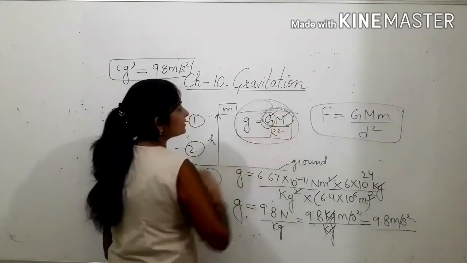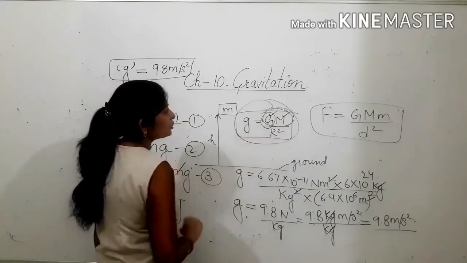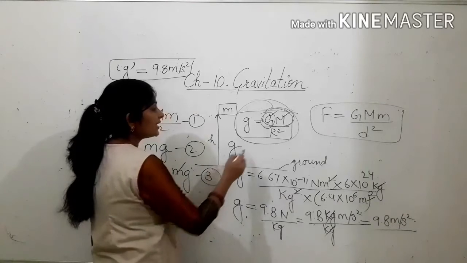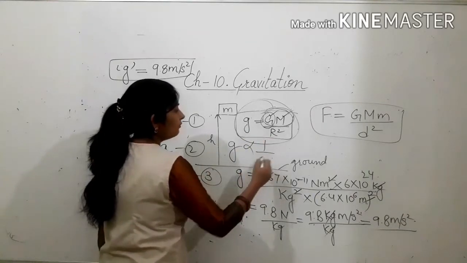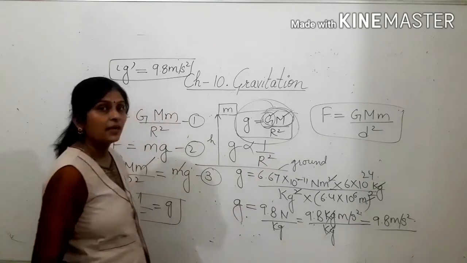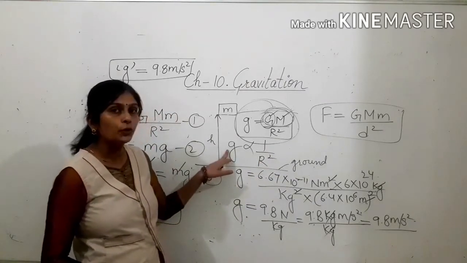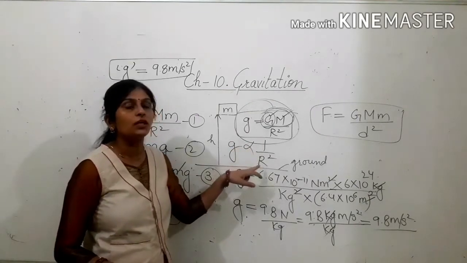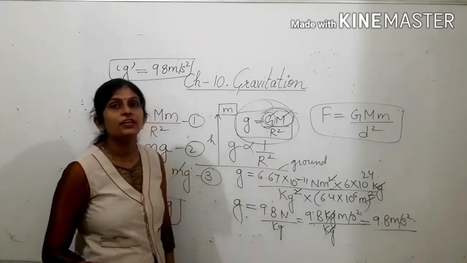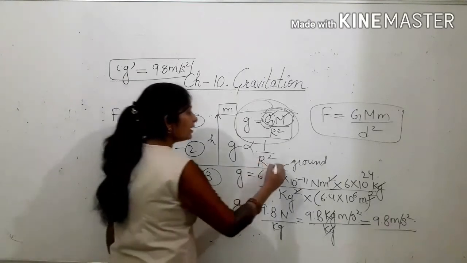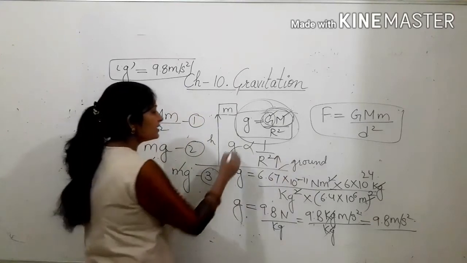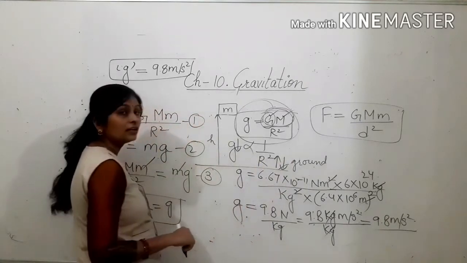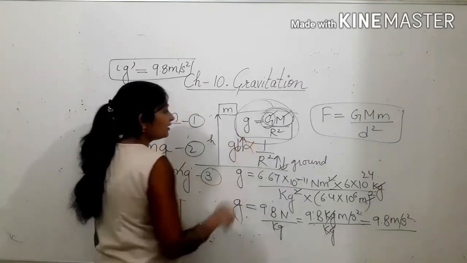So if these quantities are constant, then what is the relationship between g and r square? g has an inverse relationship with the square of the radius. Means acceleration due to gravity, that is small g, is inversely proportional to the square of the radius of earth. It means if radius of earth increases, g decreases. If radius of earth decreases, g increases.